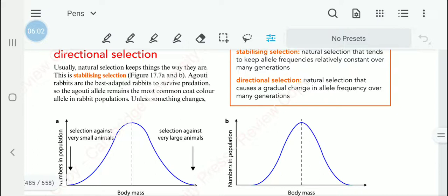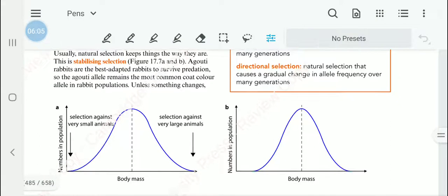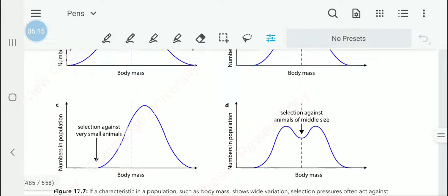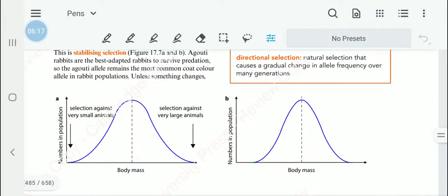Over generations, it will favor the characteristic which is best adapted, and the number of individuals in the middle of the two extremes would increase.